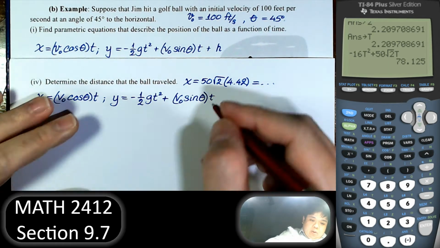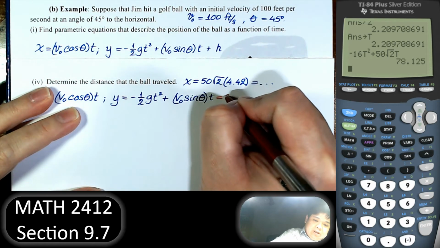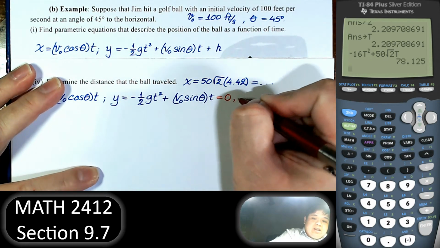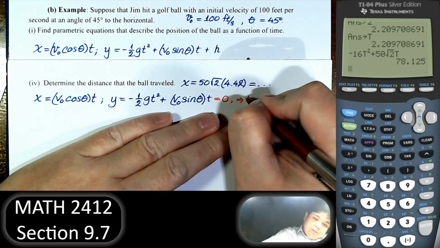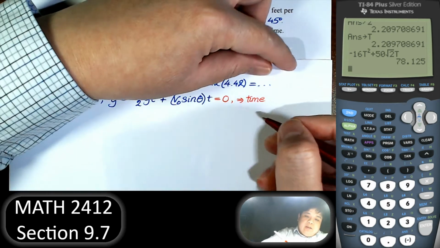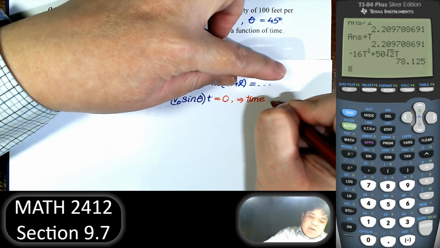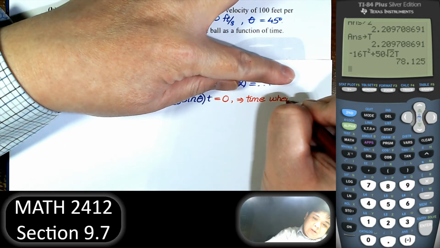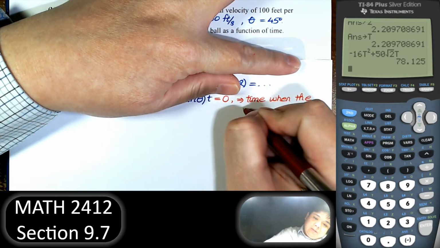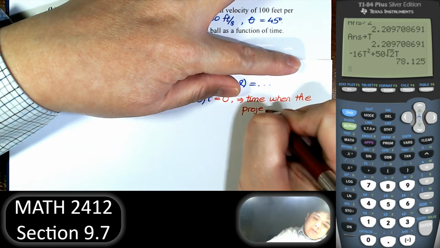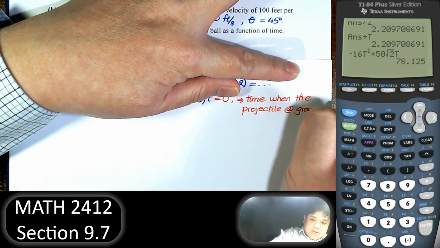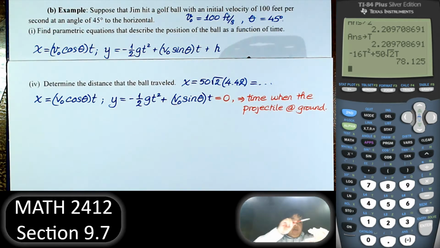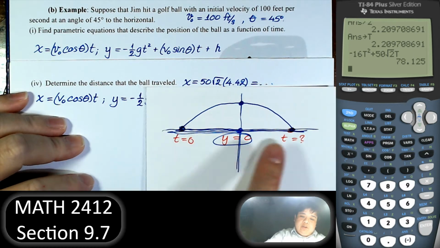Now we let this equal 0. When we do that, this gives us the time where the object is at ground level, on the ground, either before it hit or after it hit. So t equals 0 and t equals something.